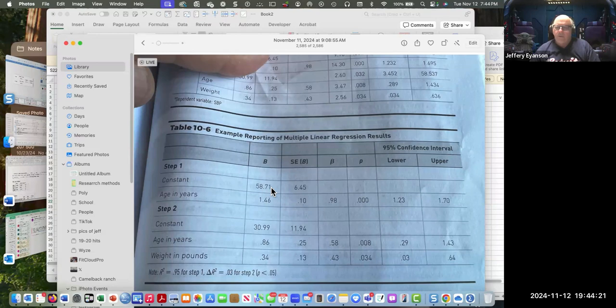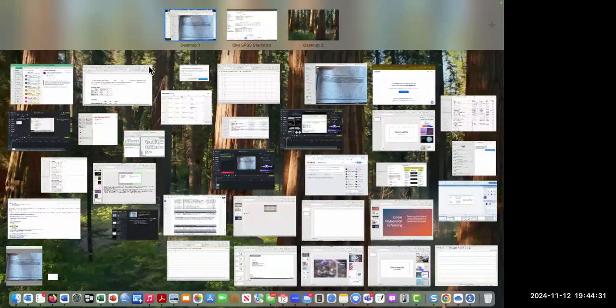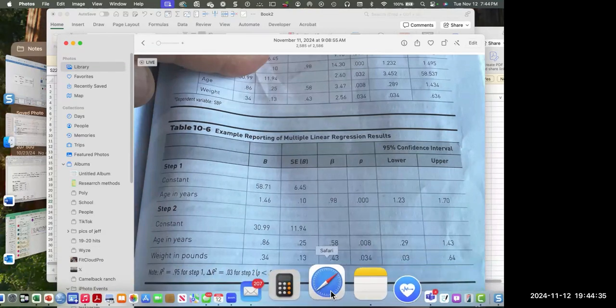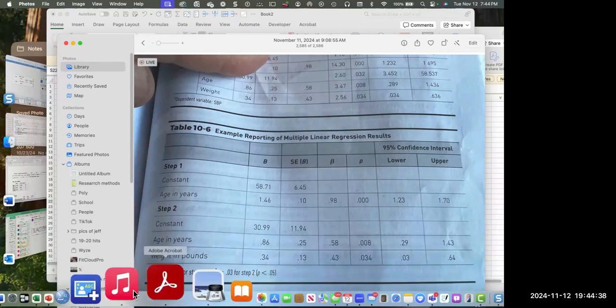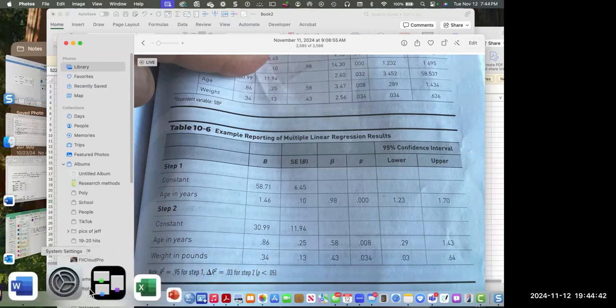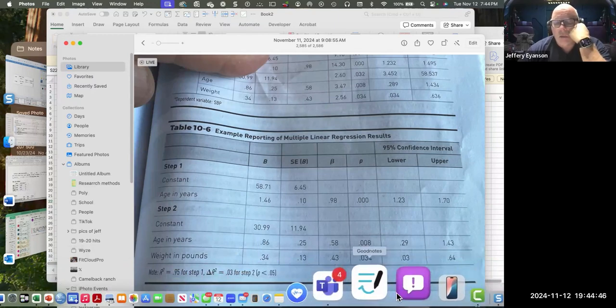I think you still have to run it for step 2 to get the lower and upper limits, because that wasn't in the output. Yeah, you still had to run a multiple linear regression to get those numbers. Right, because you gave us the data, but it did not include the lower and upper term. Hold on.